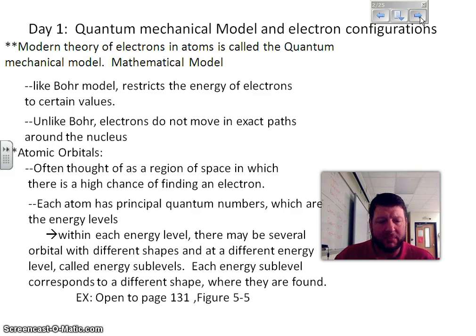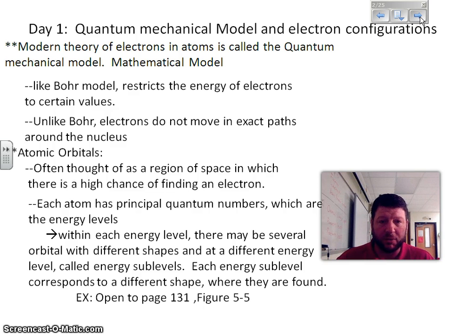Now, each atom has principal quantum numbers, which are the energy levels. Within each energy level, there may be several orbitals with different shapes and at a different energy level, called energy sublevels. Each energy sublevel corresponds to a different shape where they are found.